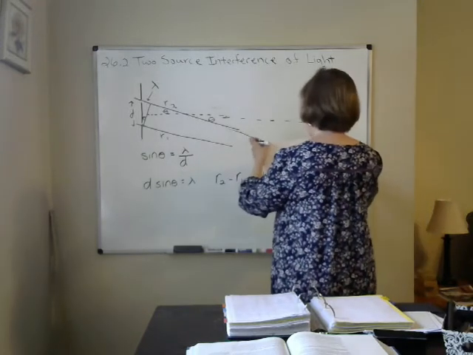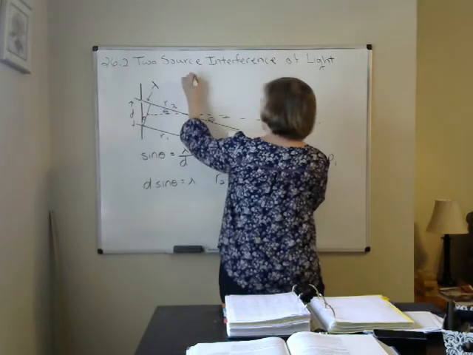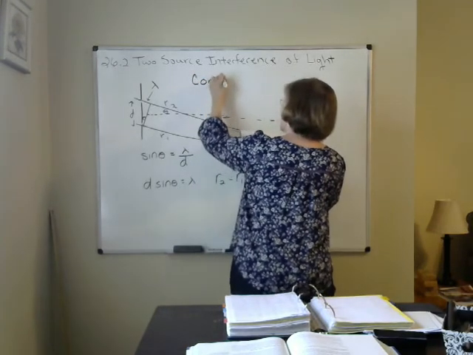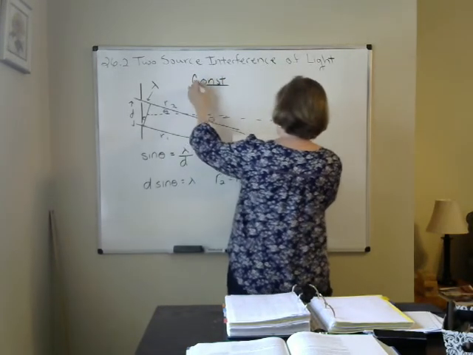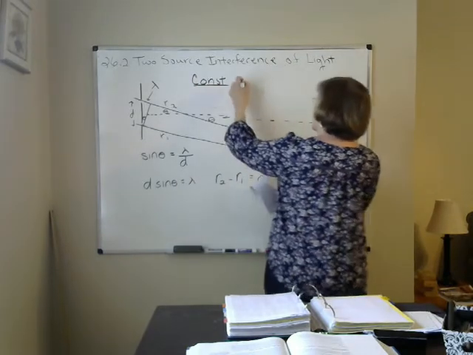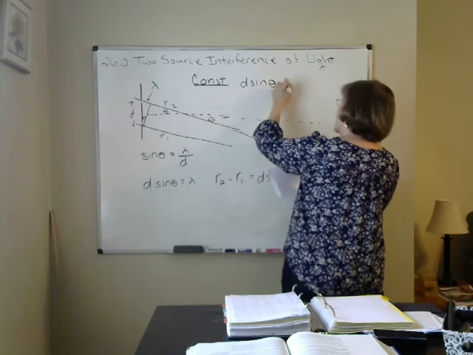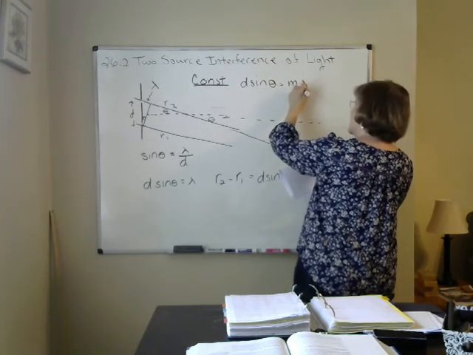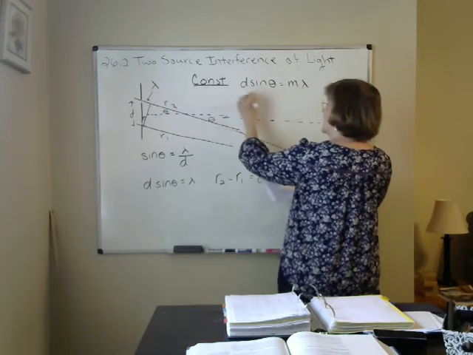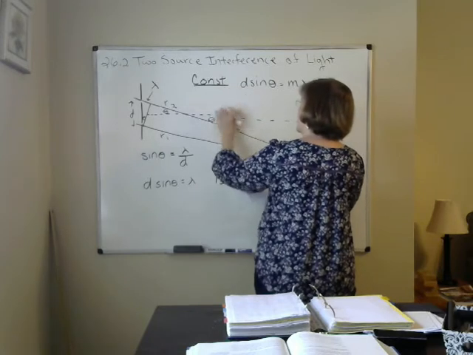Let me kind of summarize that. If we want constructive two-slit interference, d sine theta has to equal m lambda. Now, that also has to equal R2 minus R1.